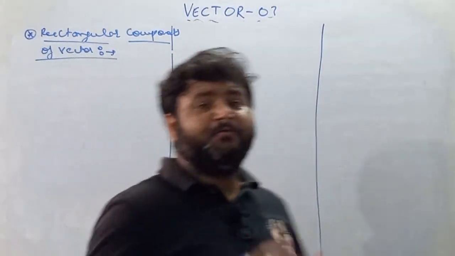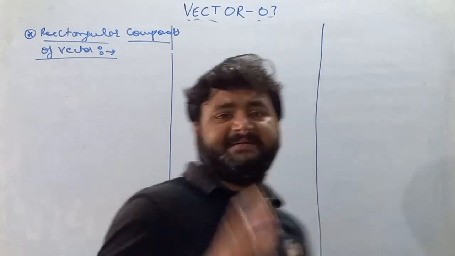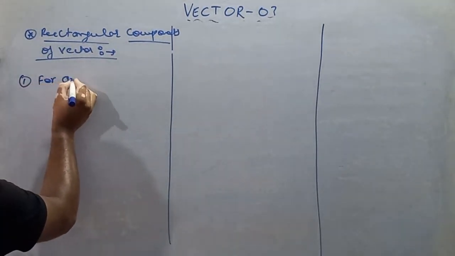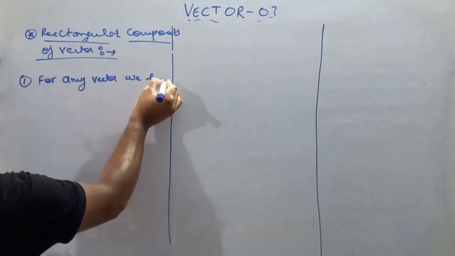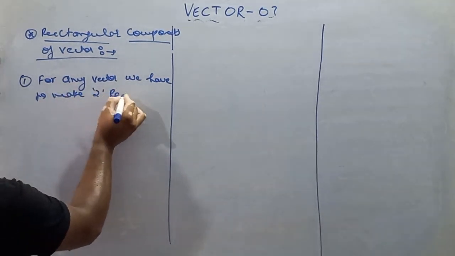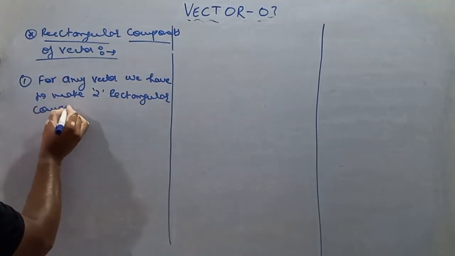Very first thing, for any vector we have two different rectangular components. For any vector we have to make two rectangular components.